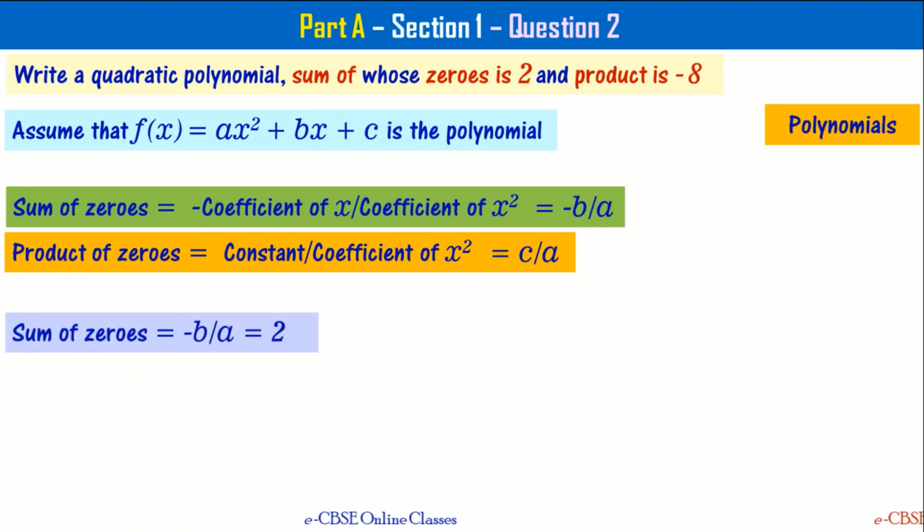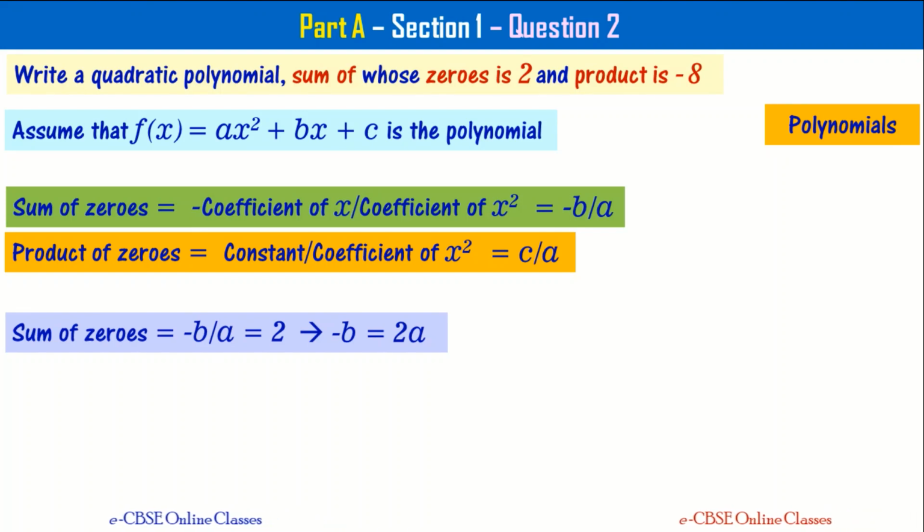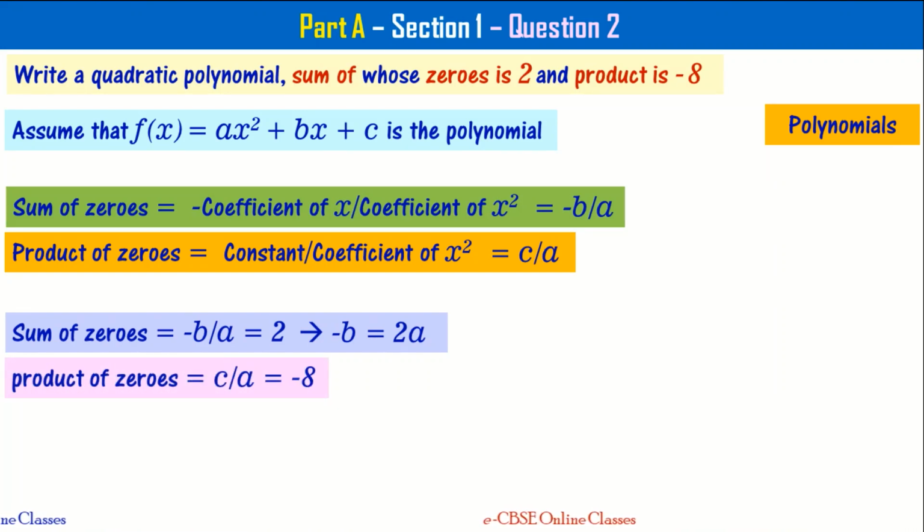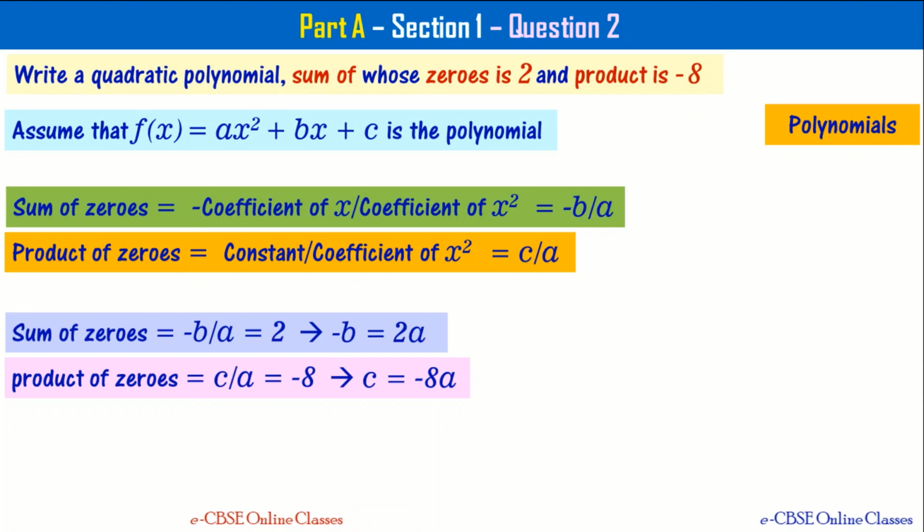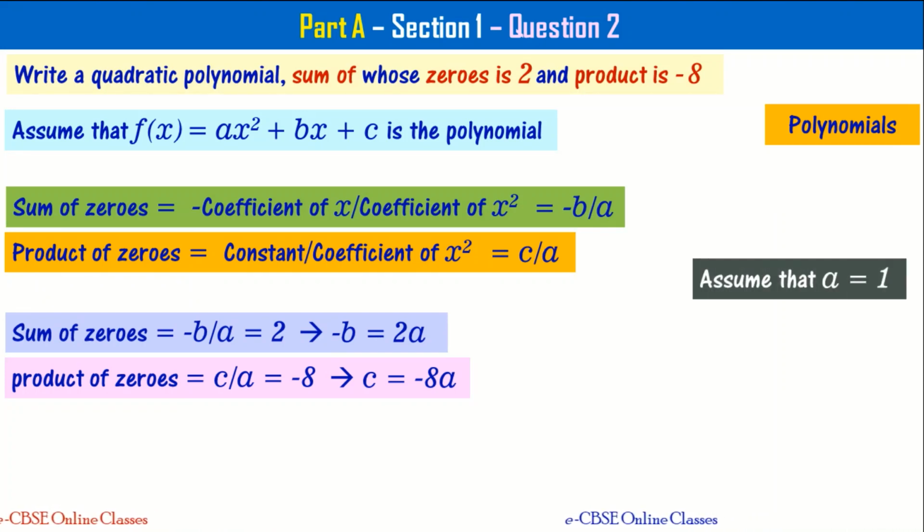Sum of zeros is given, that is equal to 2. It means that minus b by a equal to 2. Rearrange it and write it as minus b equal to 2a. Product of zeros is given, that is minus 8. c by a is going to be equal to minus 8. Rearrange it and write it as c equal to minus 8a. Let's assume that a equal to 1.